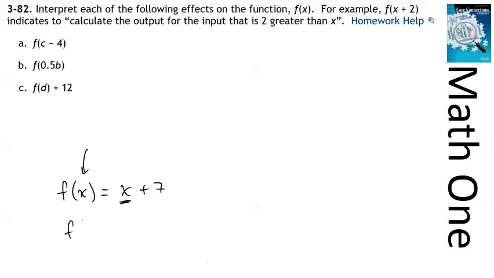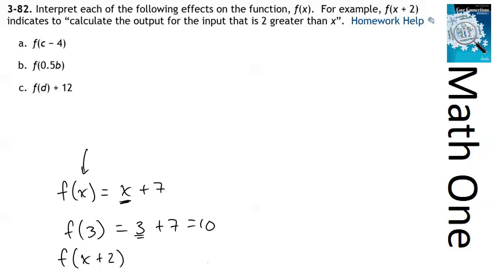So if I was to say, hey, what's f of 3? The function would say, oh, that's going to be just 3 plus 7, or the number 10, right? 3 goes into this function and it adds 7 to it, and then you get 10. Now, what if I was to do this, f of x plus 2?